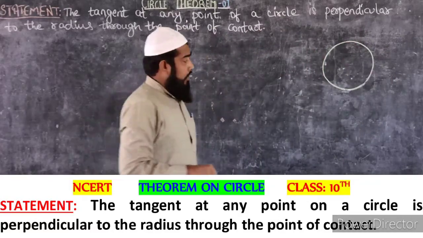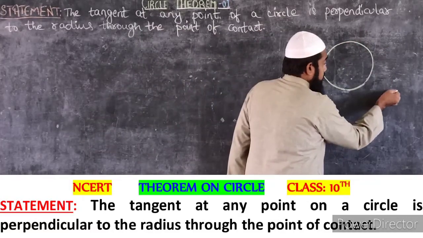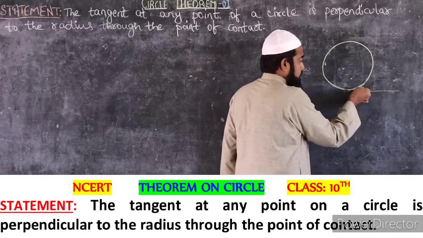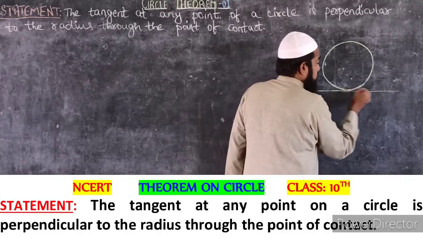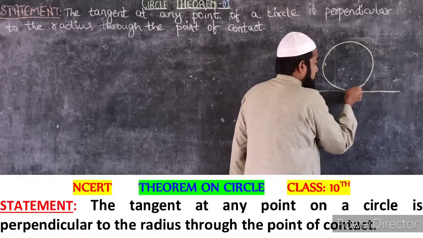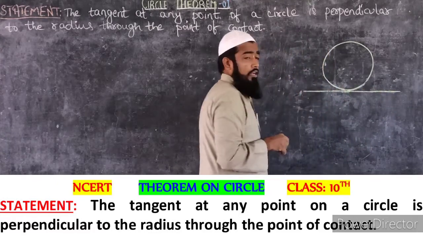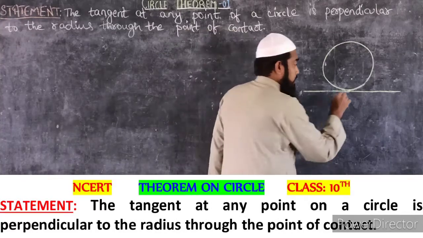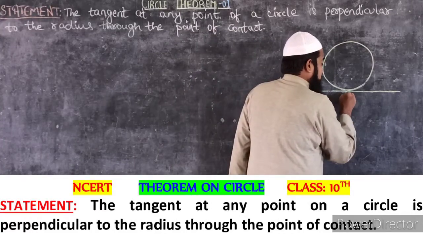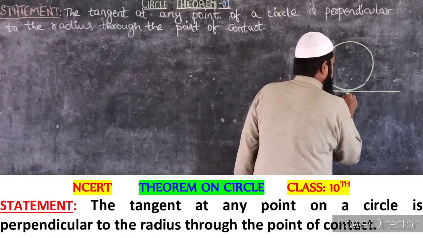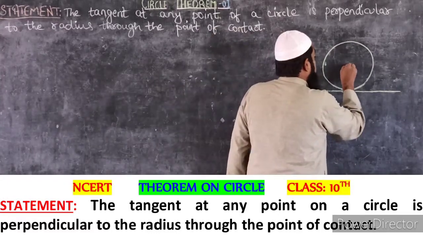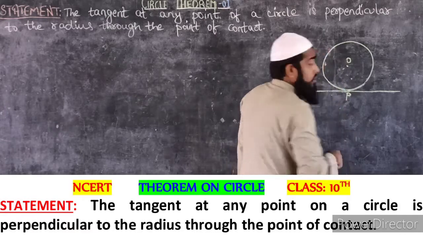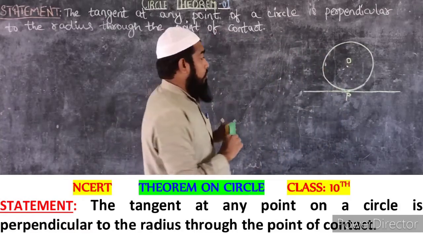Okay? And let there be a tangent touching this circle at one point. Let that point be P, and this is the center of the circle O.